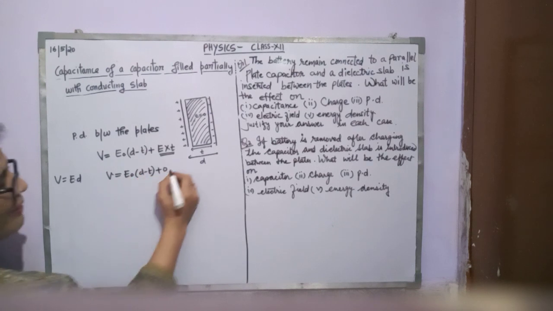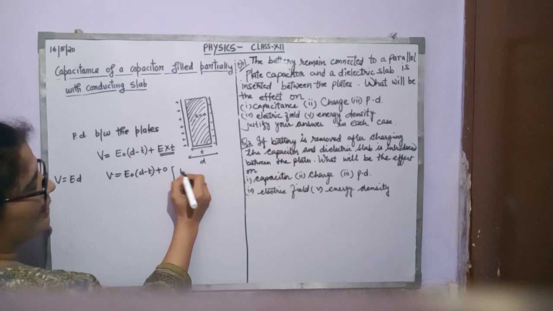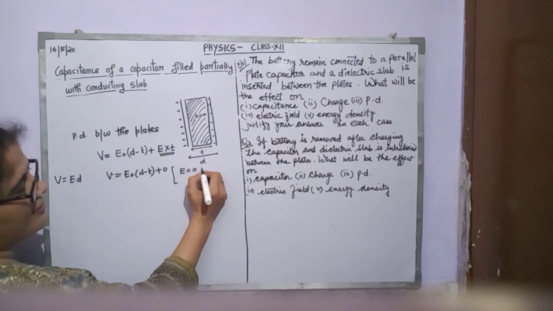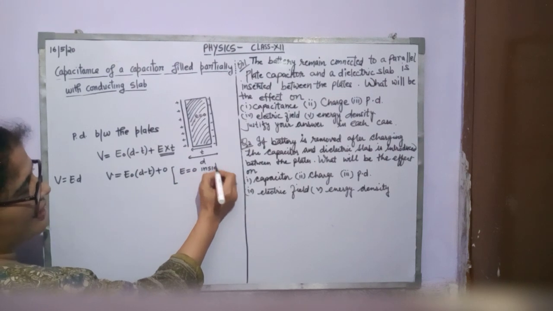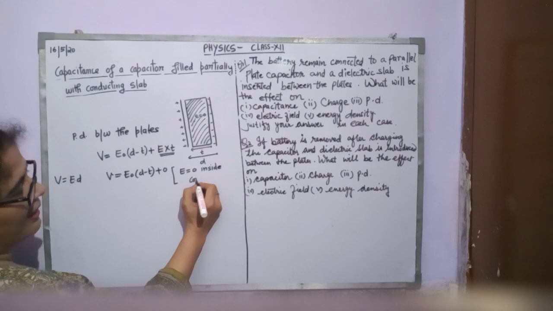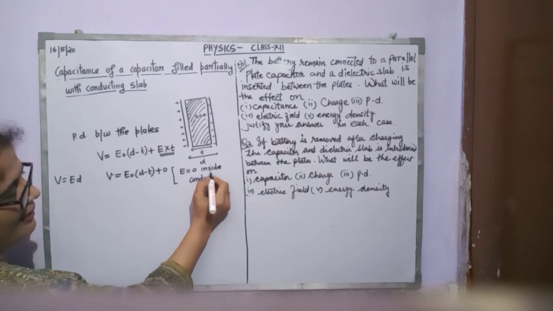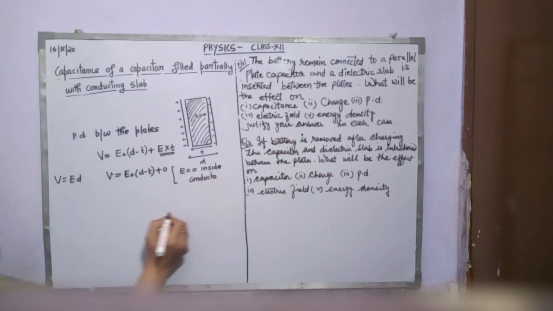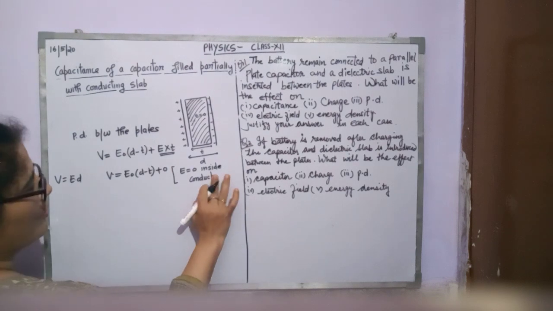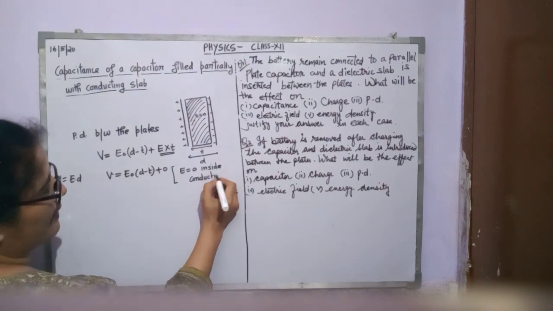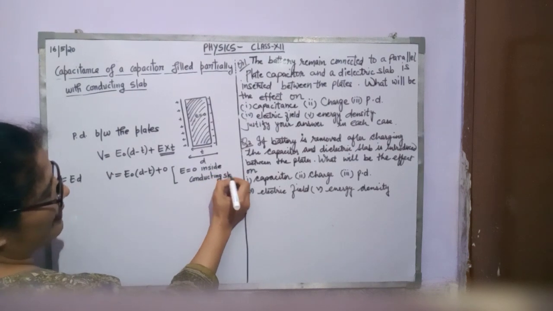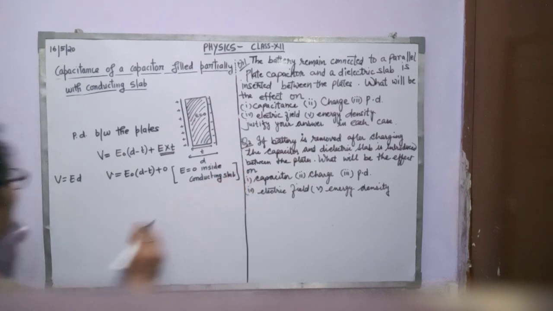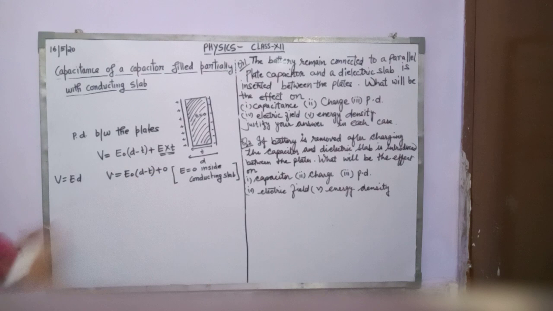Inside the conductor, the electric field is always equal to 0. Now this term becomes equal to 0.